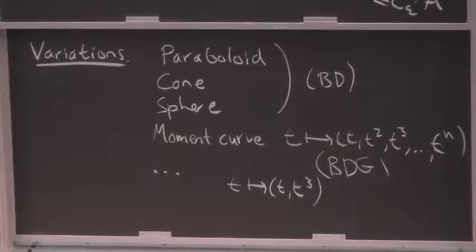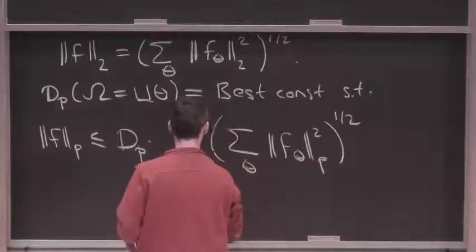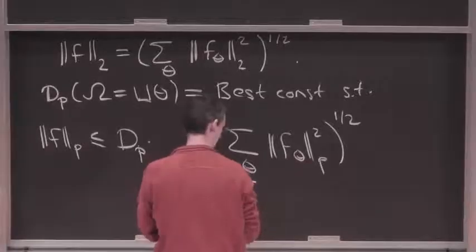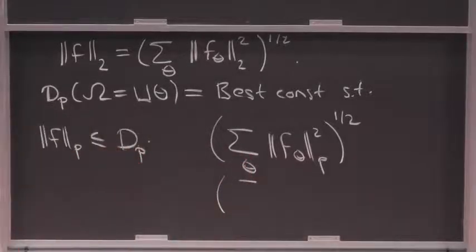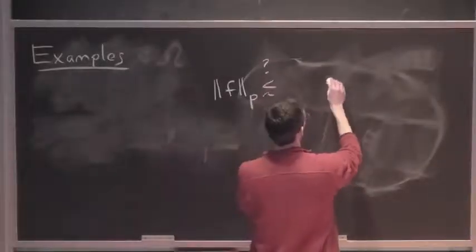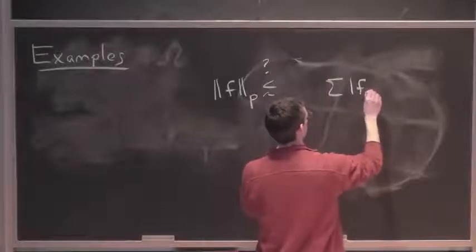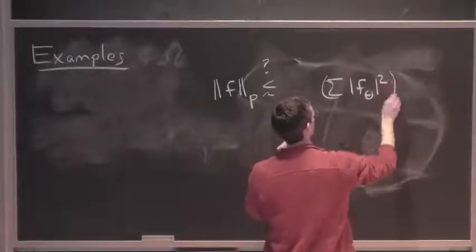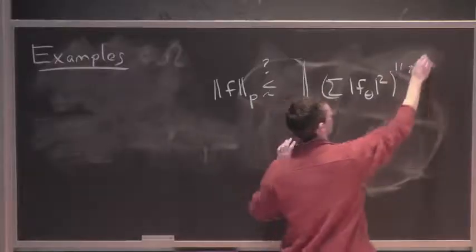Is there anything that's known about if you replace the p on the inside of the norm with the p on the outside? So if you look at the square function? So what happens if you form the square function, the sum of f theta squared to the 1/2, in L^p?